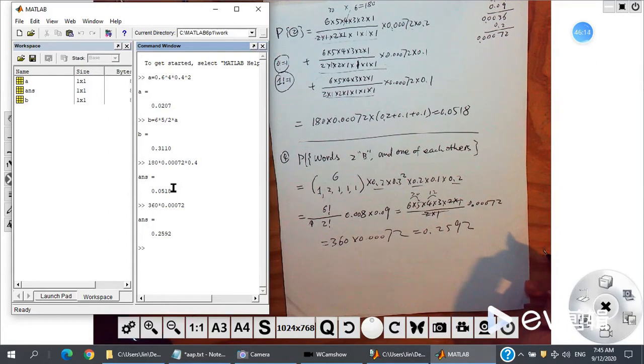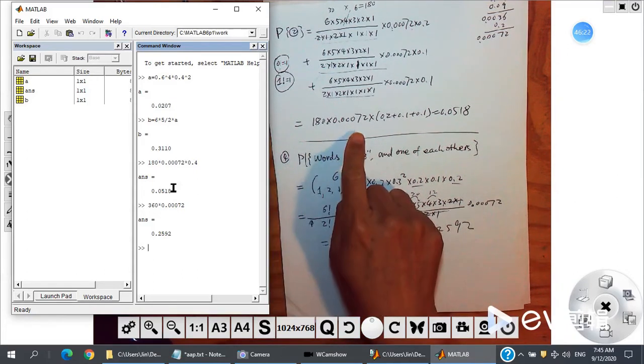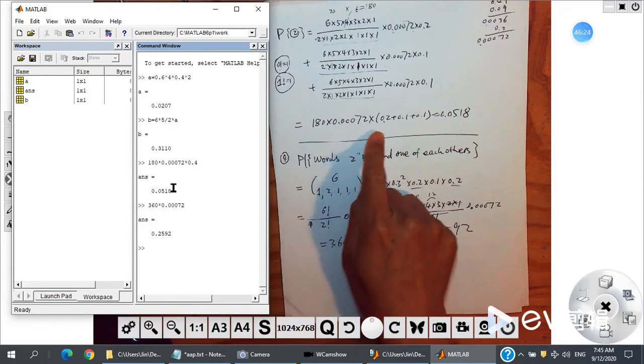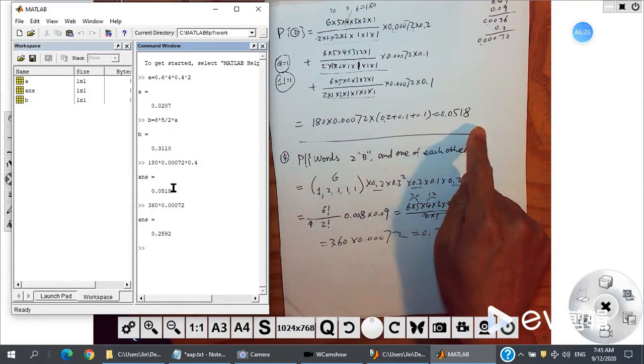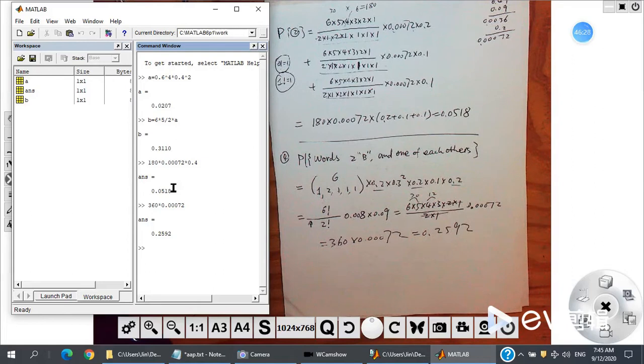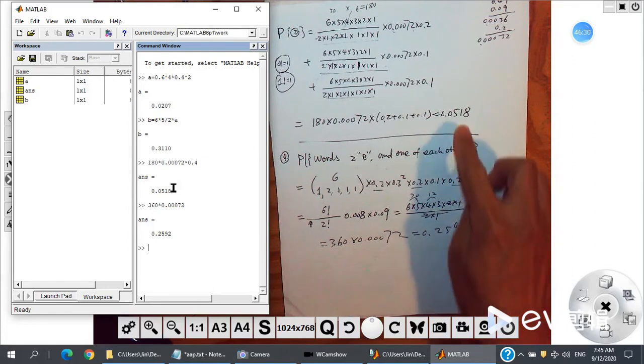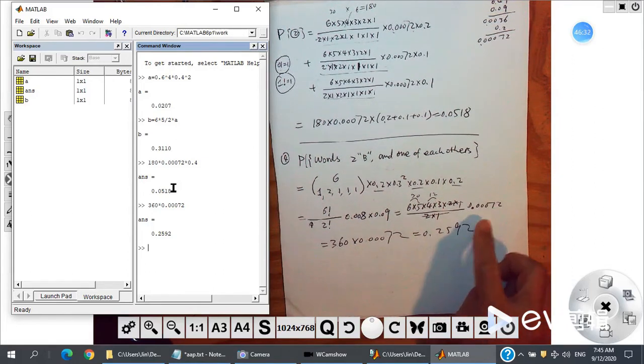Oh, am I good? It looks too large. 2B and 1 of each. That one is 2A, 2B, and 2 others. This is quite small. This one, or maybe this is not this one. Maybe this should be even smaller.